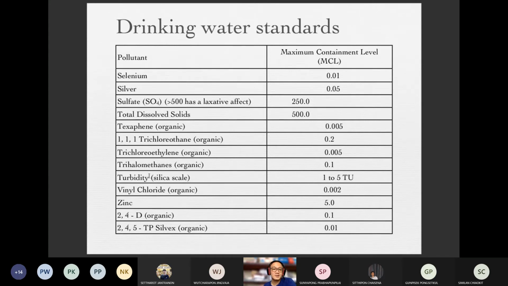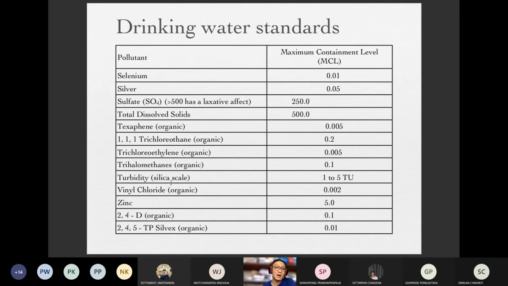See the turbidity scale. It should be in a range of 1 to 5. The scale here refers to the nephelometric turbidity unit, or NTU. So it's between 1 to 5 NTU.